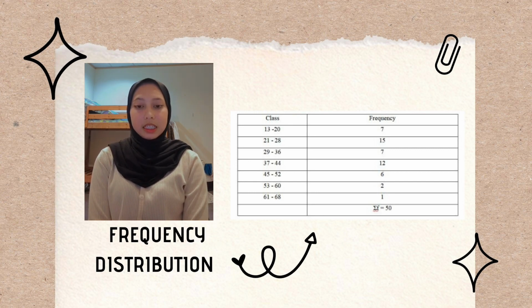For class 13 to 20, we have 7 frequency. 21 to 28, we have 15 frequency. 29 to 36, we have 7 frequency. 37 to 44, we have 12 frequency. 45 to 52, we have 6 frequency. 53 to 60, we have 2 frequency. And the last, 61 to 68, we have 1 frequency. So the total frequency in this frequency distribution is 50.